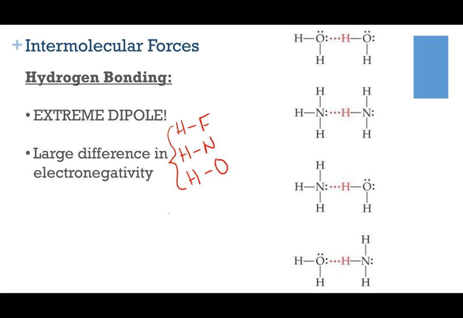So remember, polar covalent was 0.4 to 2.0. And what you'll find is these guys are on the upper end, closer to this 2.0 range. So the electronegativity difference between hydrogen and fluorine, hydrogen and nitrogen, hydrogen and oxygen is a really large electronegativity difference.